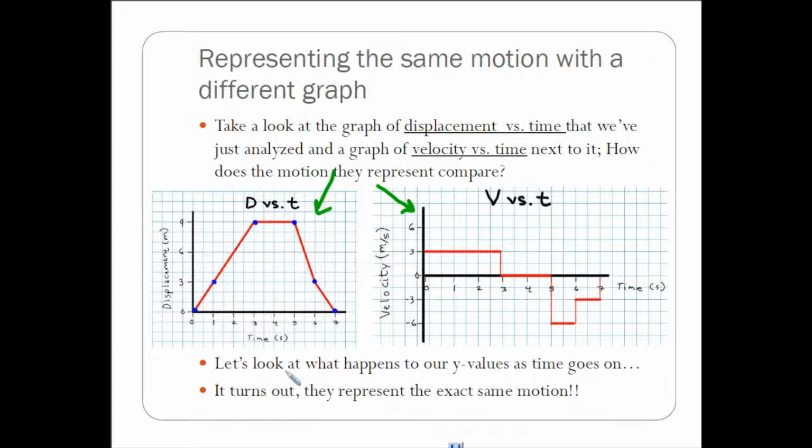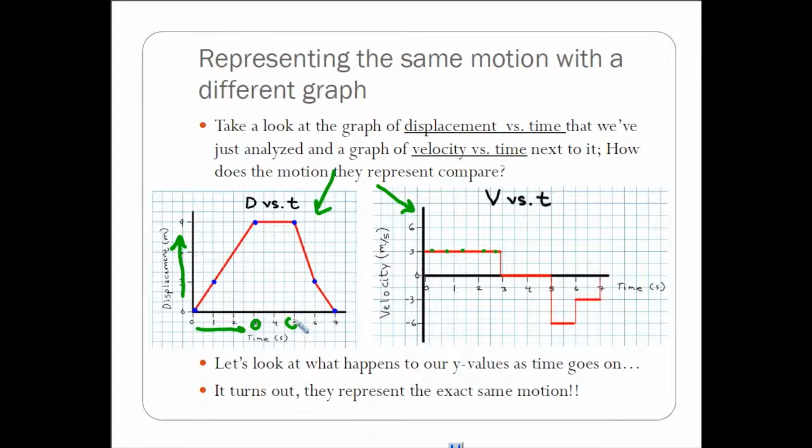Well, let's take a look at what happens to our y values as time goes on. In the displacement versus time graph, you can see that as time goes on, in this first segment, we increase our displacement, which means we're moving. In this graph, during the first 3 seconds, it appears as though our velocity is a constant 3 meters per second, which means we're moving as well.